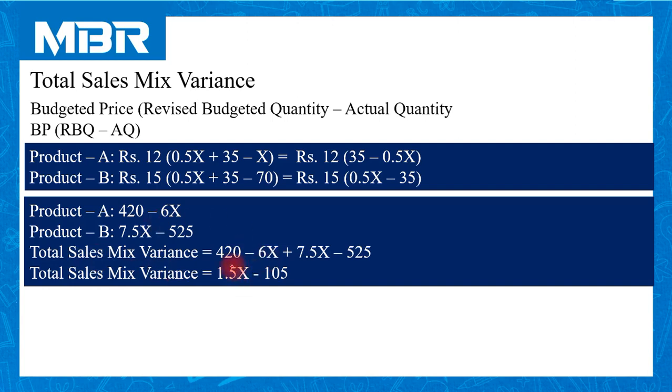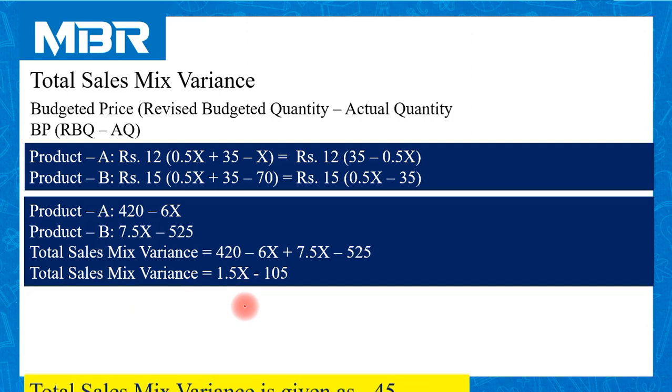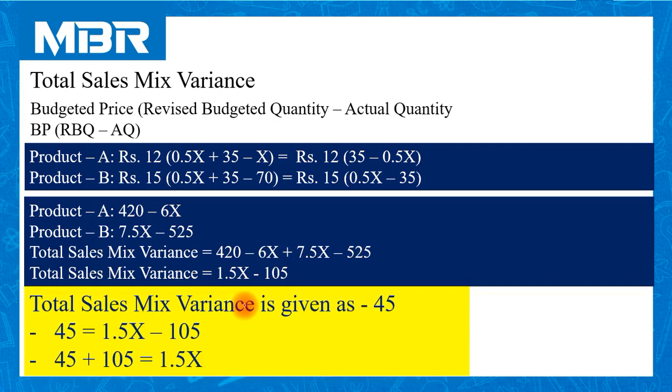For A, 420 minus 6x plus 7.5x minus 525. So total sales mix variance equals 1.5x minus 105.